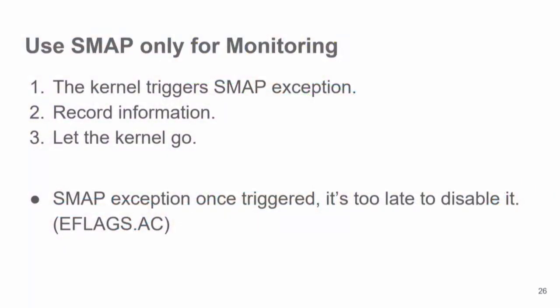So we want to use SMAP just for monitoring, and it will be much easier. When the kernel triggers SMAP page faults, we just record some information and let the kernel go. But still, this also has a problem. Once SMAP is triggered, it's already too late to disable it by setting the AC bit in EFLAGS.